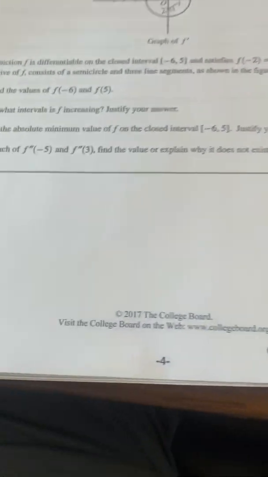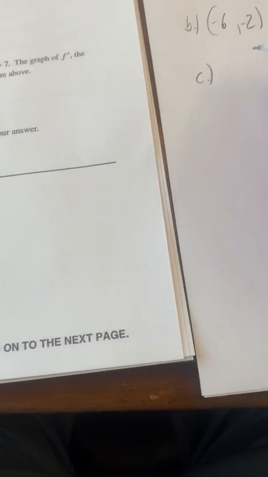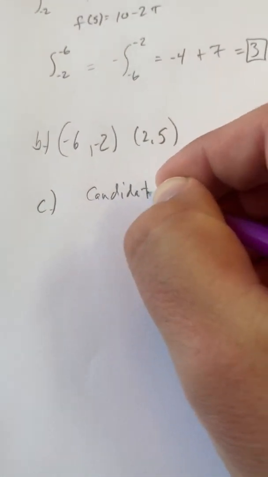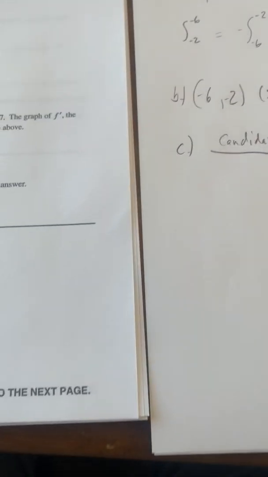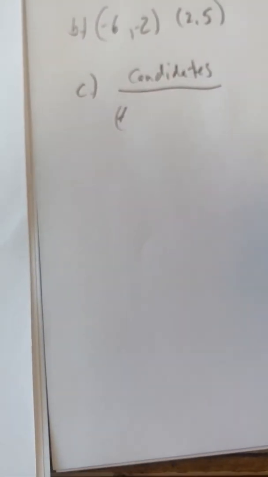But this is find the absolute minimum value of f on the closed interval -6 to 5. So you're going to have to explain this. It's going to say justify your answer. The easiest way to explain it is to list your candidates. The possible places that I can have an absolute minimum are at the starting value, so that'd be -6.